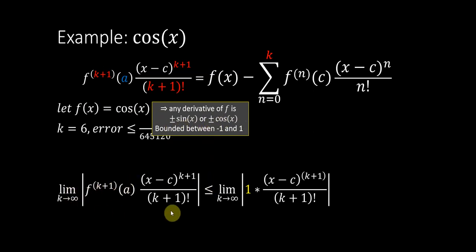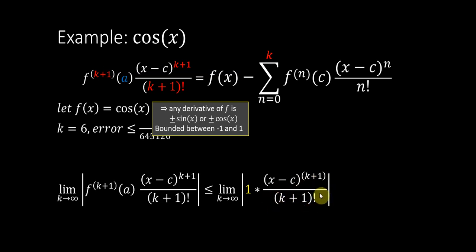So we know that this limit on the left here, and this is again the error or the remainder, right? The limit on the left is at most equal to what's on the right here. And if you look at this function, you can see that the top of this fraction, the numerator, is a polynomial. It's something to the k plus 1.